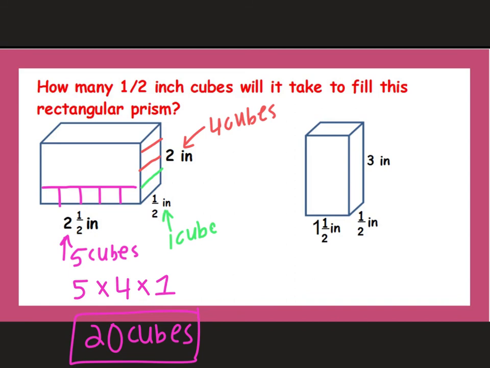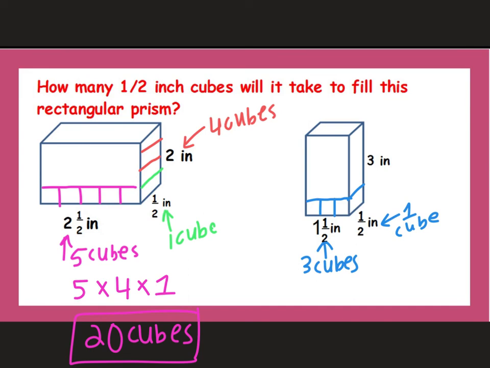For the one on the right, we're doing the same exact thing. So we have to figure out how many cubes we can fit inside. If our length is 1 1/2 inch, I have 1/2 inch cubes. That means I can fit 3 1/2 inch cubes into that. So this could be 3 cubes into 1 1/2 inches. For a 1/2 inch, well, I can only fit 1 cube in that.